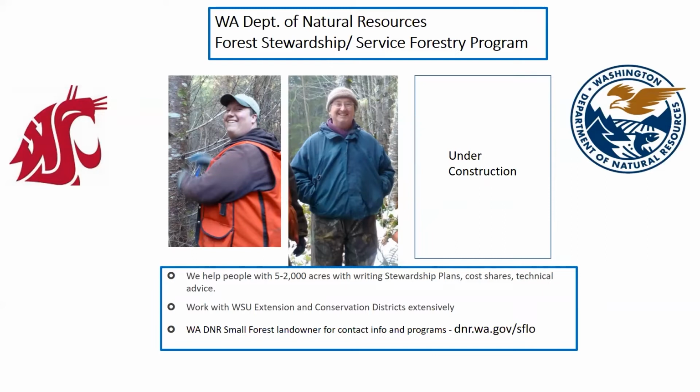And local representatives, and we're hiring a bunch of people for Western Washington and Eastern Washington. We're going to retrofit the landowner assistance program into service forestry, which just means representing all of the different services that are available to you, including advice on providing wildlife habitat, and that's me. So the under construction is this new staff, and that's what's happening right now.